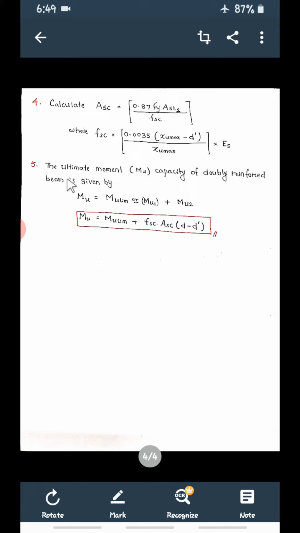So now what is the ultimate moment of resistance of the doubly reinforced beam? Total Mu is equal to Mu limit or Mu1 plus Mu2. What is Mu2?